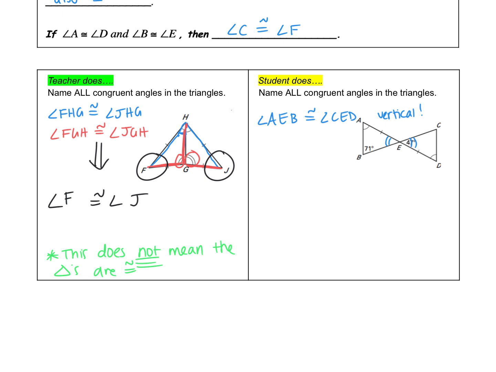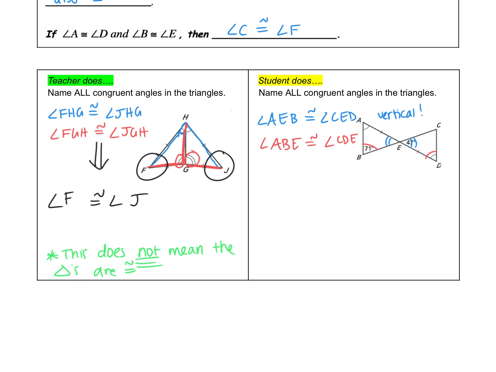Jacob, can you tell me another pair of angles that are congruent? Angle ABE. So this one? And what's the other one? CDE. This one.